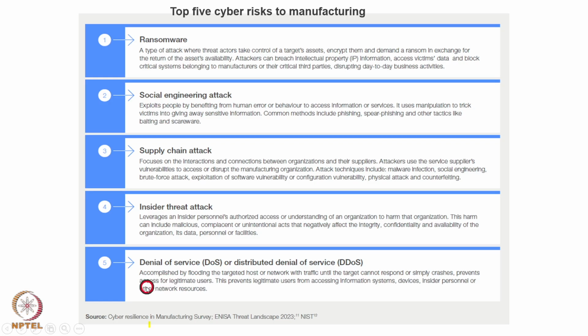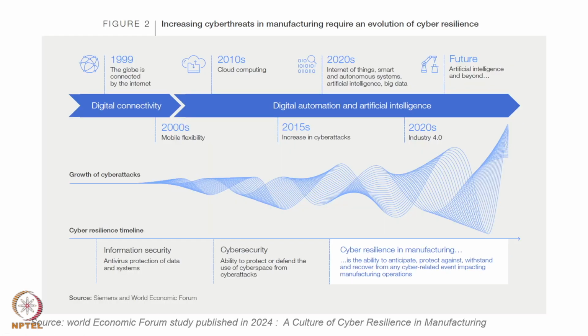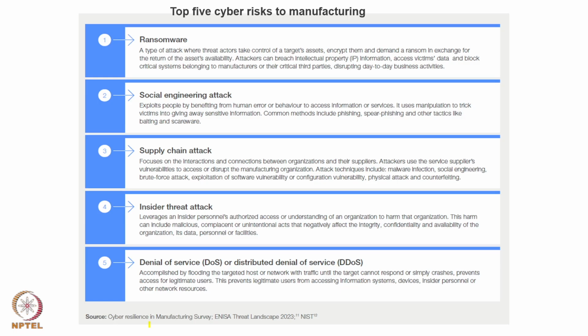They flood the target with a lot of traffic on the website and try to jam it, so that nobody can access it. They keep flooding requests to that website, and this is one kind of denial of service. There are many other mechanisms by which they can make your services completely inactive for the outside world, for the customers.